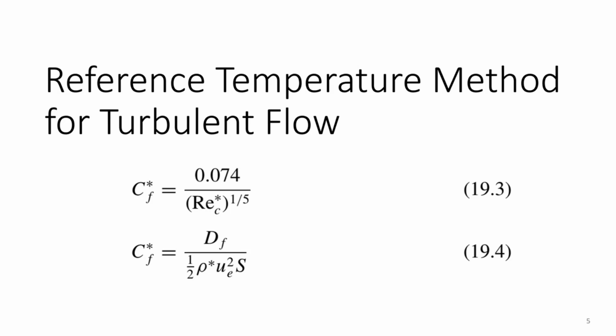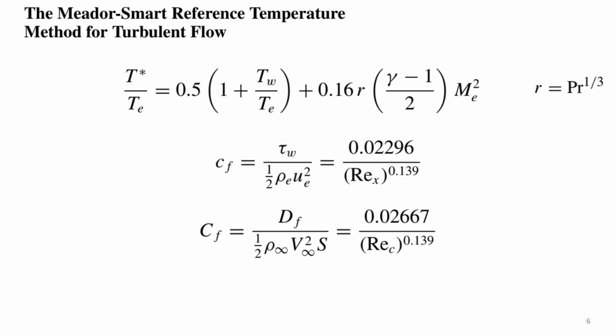How to calculate reference temperature? Here is the formula, which you can see here. First one is a ratio of temperatures. T asterisk is reference temperature, and TE is temperature outside of the boundary layer. TW is the temperature of the wall. ME is the Mach number outside of the boundary layer, and R is a function related to Prandtl number.